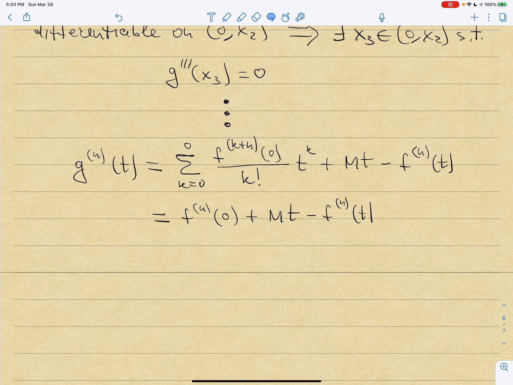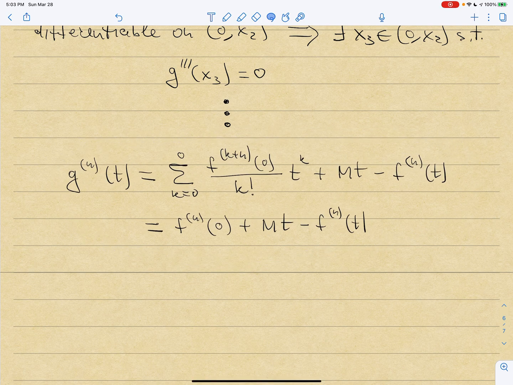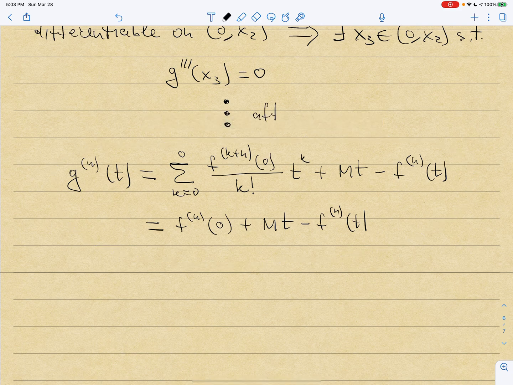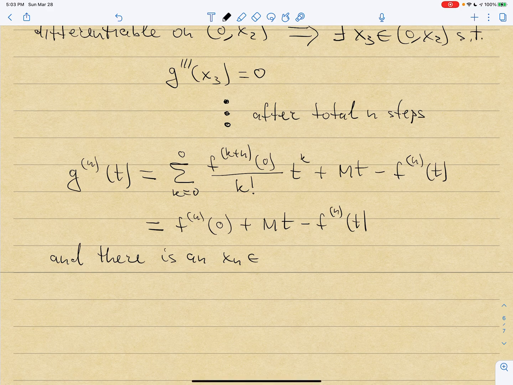And I know, because on each step I'm going to apply Rolle's theorem, that after a total of n steps there is an x_n that belongs to the interval from 0 to x_{n-1}, and that is in the interval from 0 to x_{n-2}, etc. So all of these are between 0 and x, because on each step a new point belongs to the interval from 0 to the previous point.